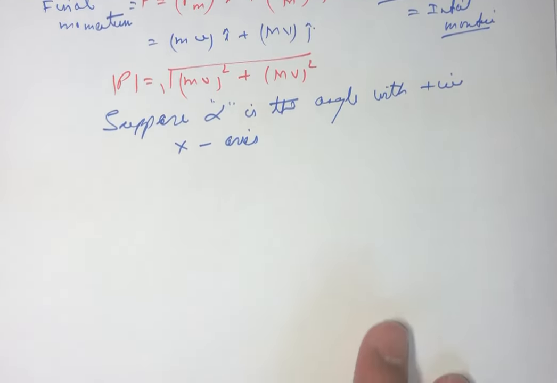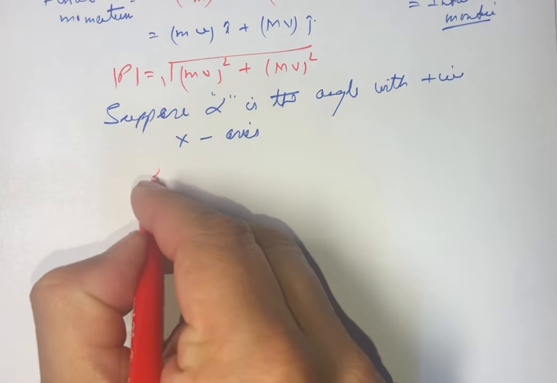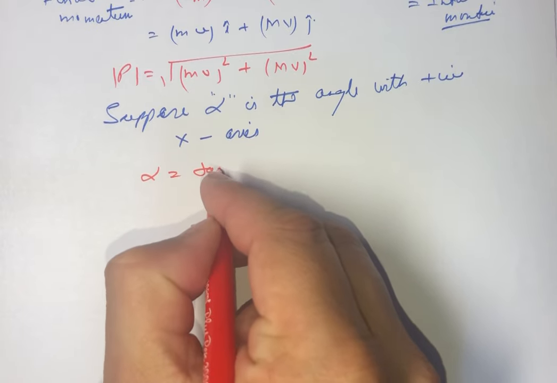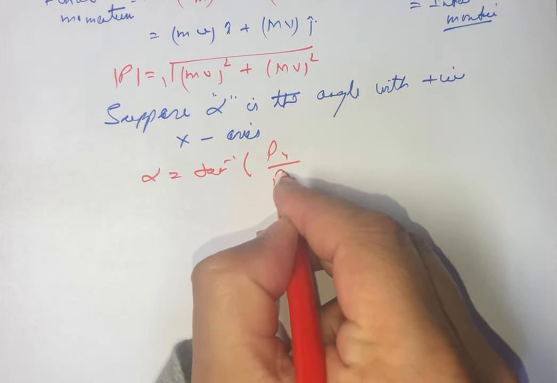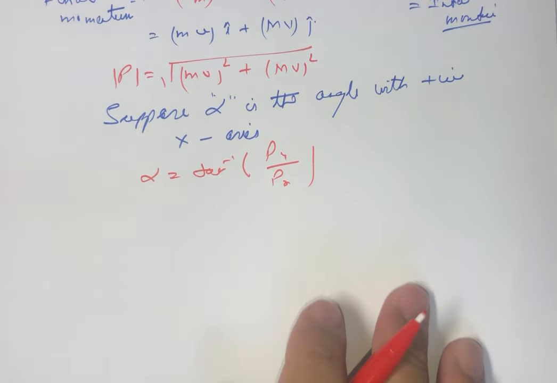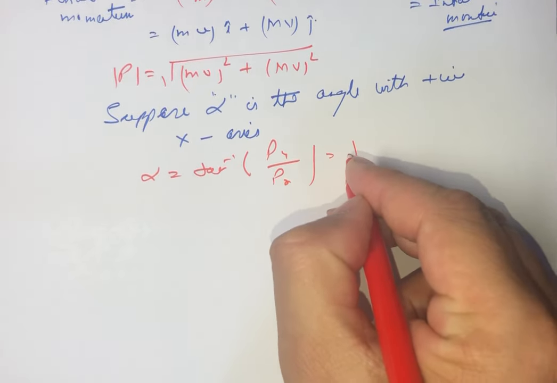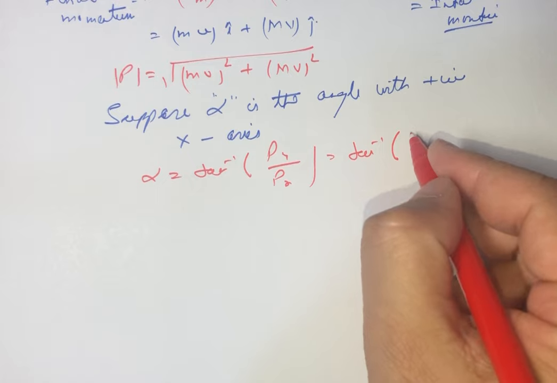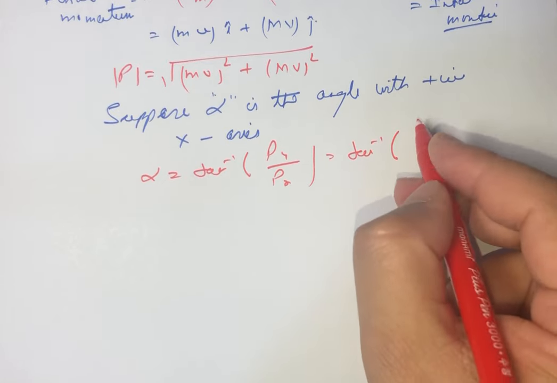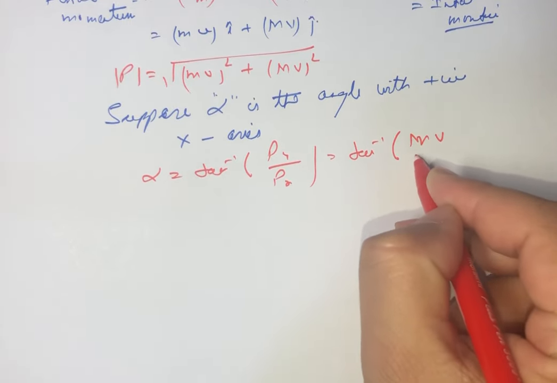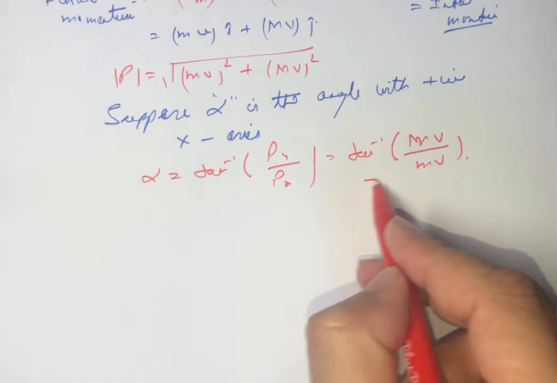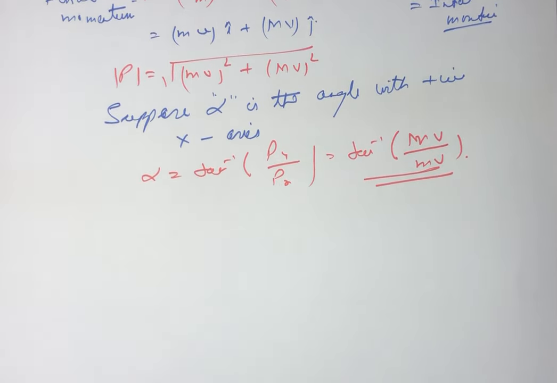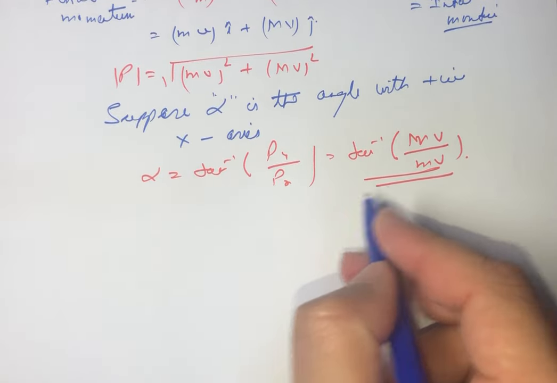So we can easily say that alpha is equal to tangent inverse of momentum in y direction divided by momentum in x direction, or tangent inverse of capital M into capital V divided by small m into small v.